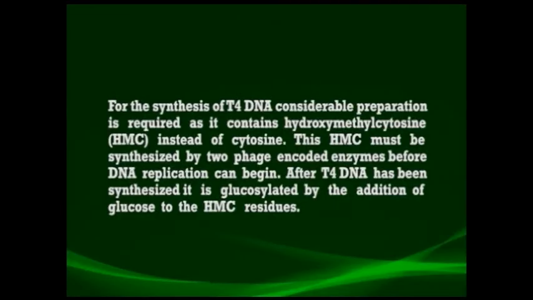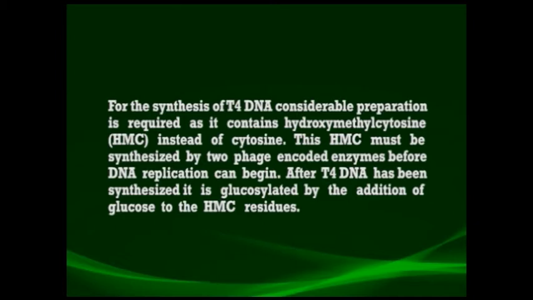Then for the synthesis of T4 DNA, considerable preparation is required, as it contains hydroxymethyl-cytosine instead of cytosine. This hydroxymethyl-cytosine must be synthesized by two phage-encoded enzymes before the DNA replication can begin.